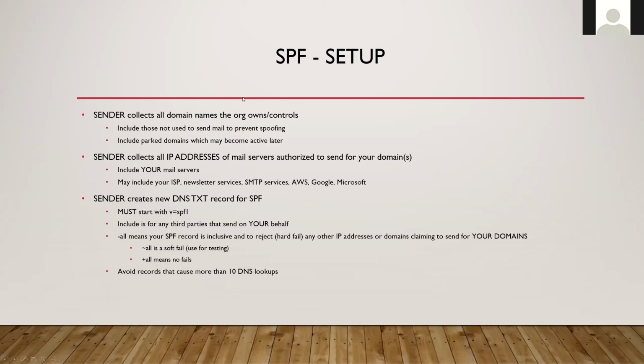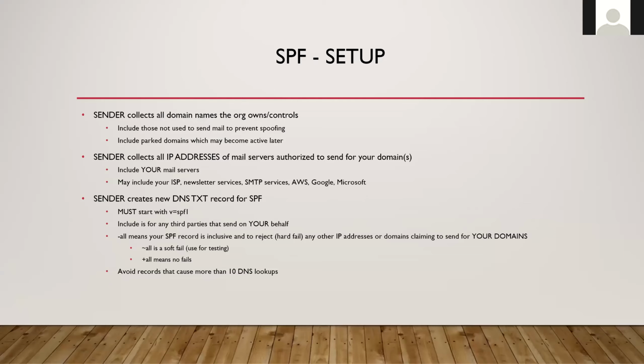So the setup on this, on the sending side, you need to do some recon. You need to know all the mail servers, either IPs if you're on-prem, or DNS records if you're using third parties, that are authorized to send mail on your behalf.